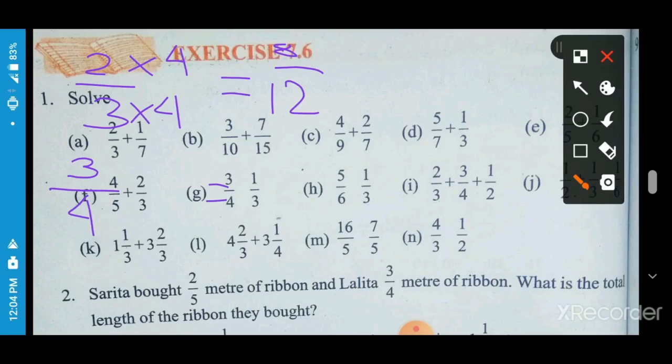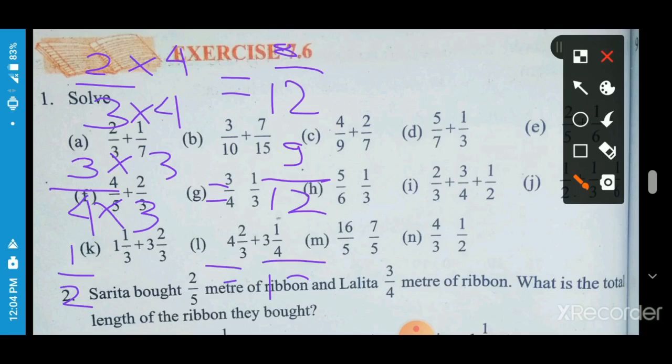Again in the denominator we need 12. So 4 3s are 12 and 3 3s are 9. Now the last one is 1 upon 2. Again we need 12 in the denominator, so 2 6s are 12 and 1 6 is 6.